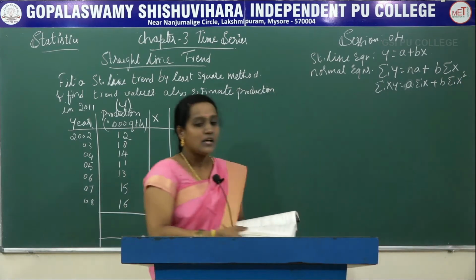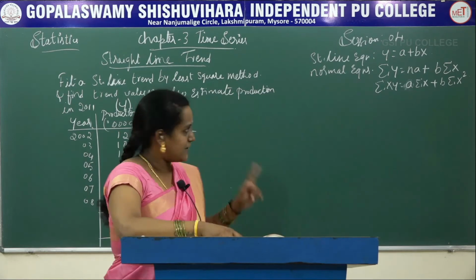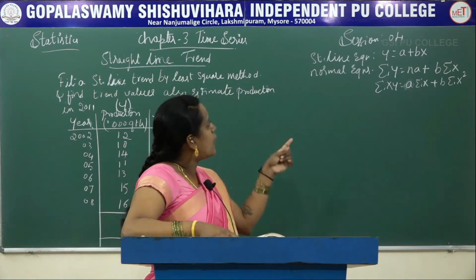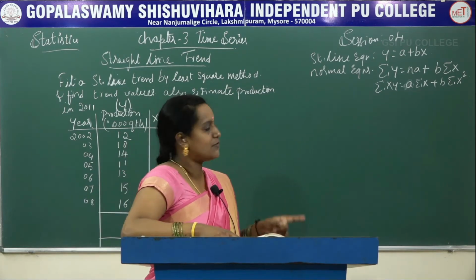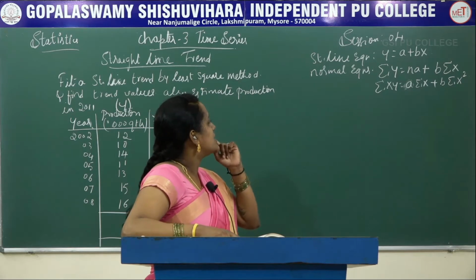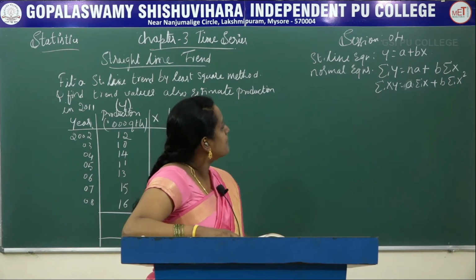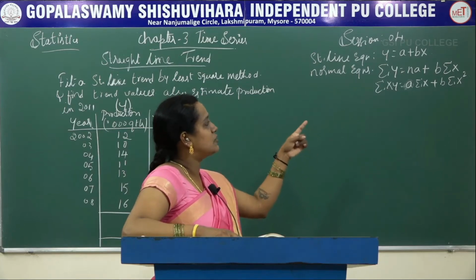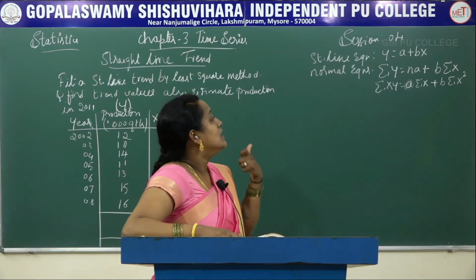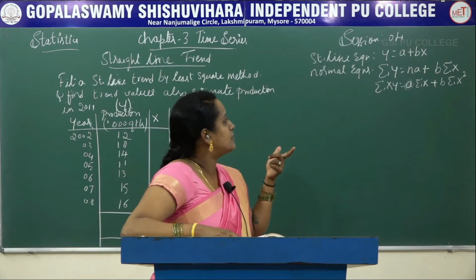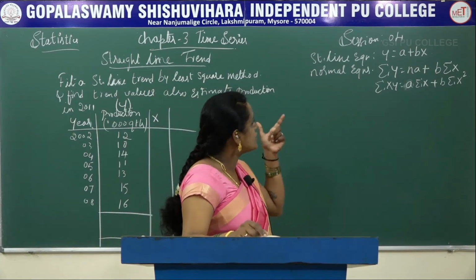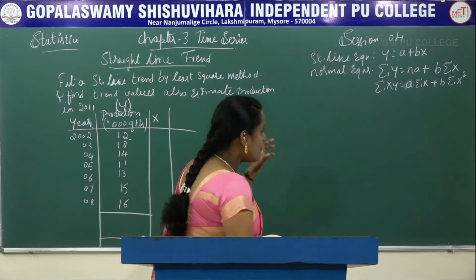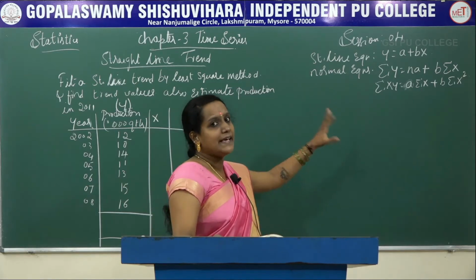These are the normal equations for the straight line trend. First, to find the constants a and b, we have to solve these two normal equations.